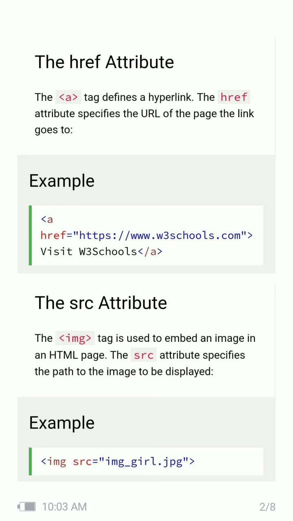The attribute for this image tag is src. Src means source, which is used to define the location of the file which you want to display on your web page. These are two example attributes used in HTML tags, like the anchor tag and image tag.